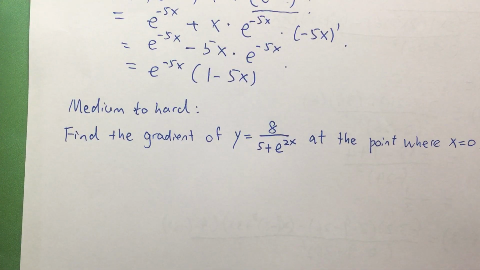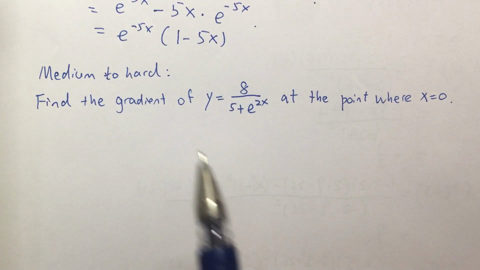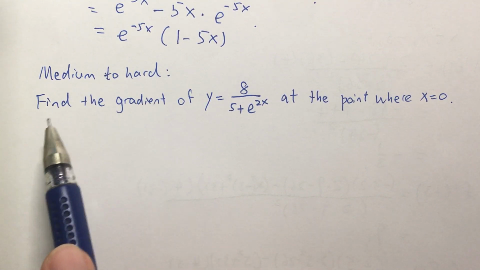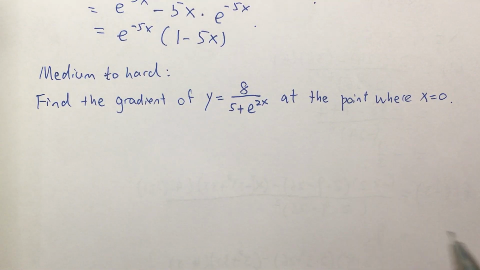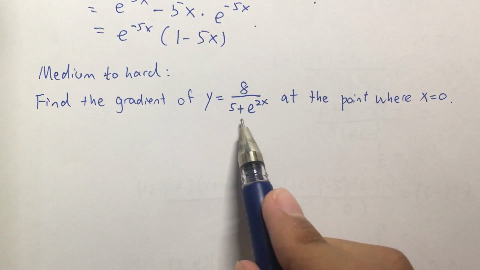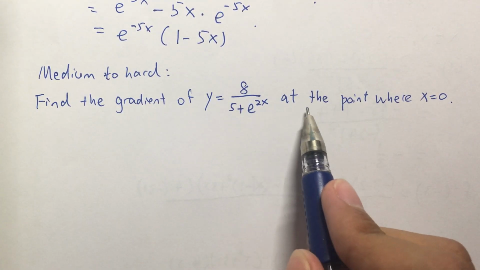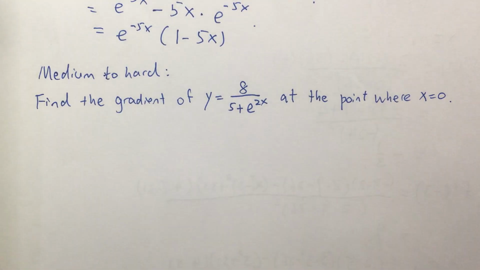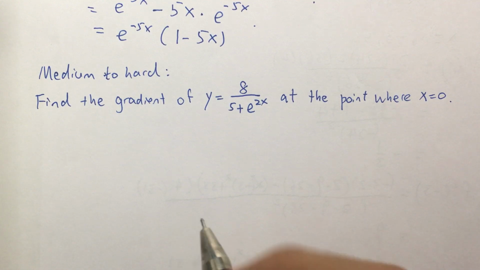So now let's do a question that is around medium and hard level. Find the gradient of y equals 8 over 5 plus e to the power of 2x at the point where x is equal to 0. This is another question that is around gradient.